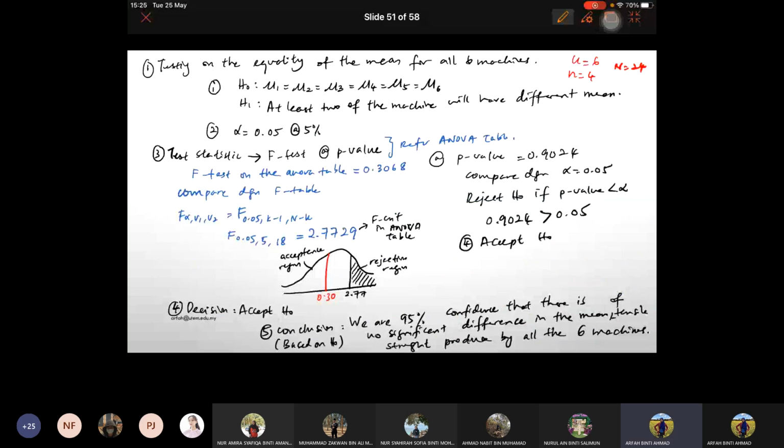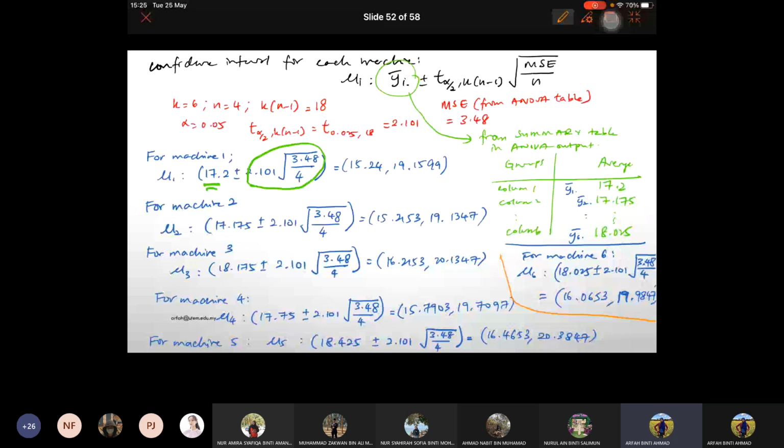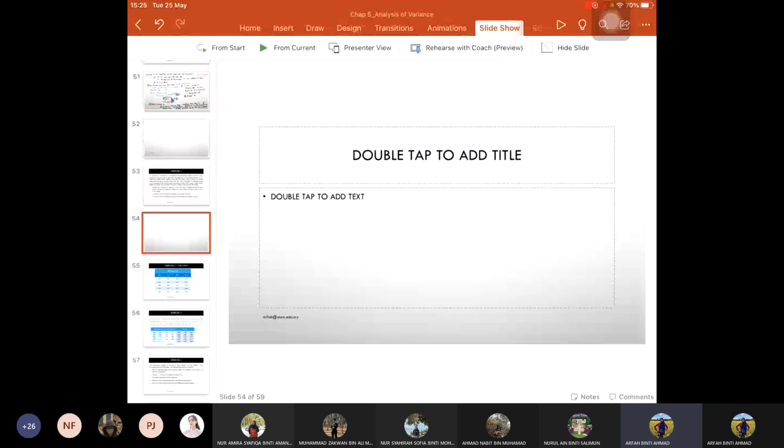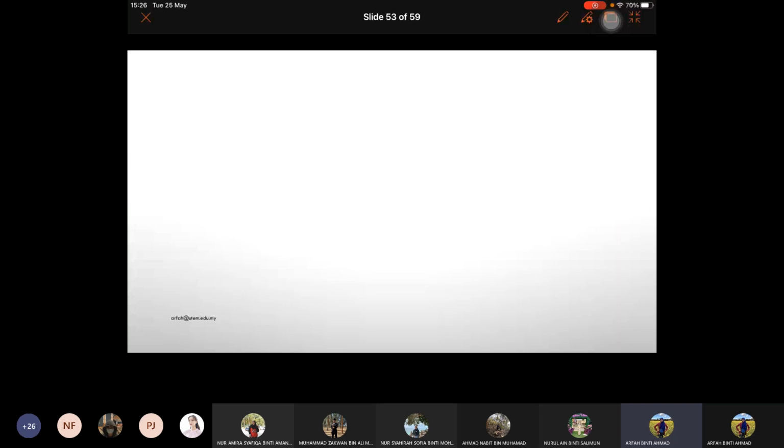So the last question dia kata, construct 95% confidence interval for the difference between means mu4 and mu3. So kita akan gunakan formula untuk difference of mean. Okay, kita ada dia punya formula for the confidence interval on the difference of means.